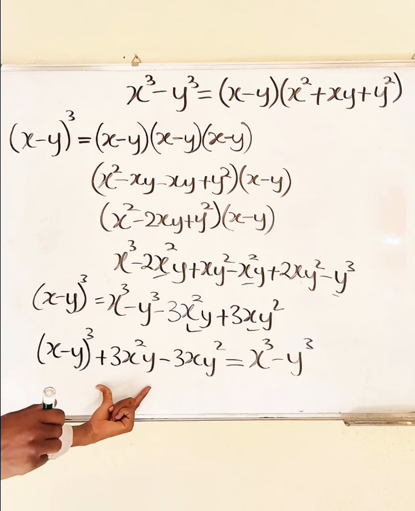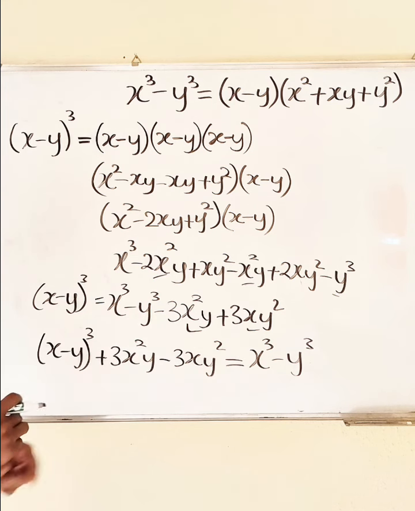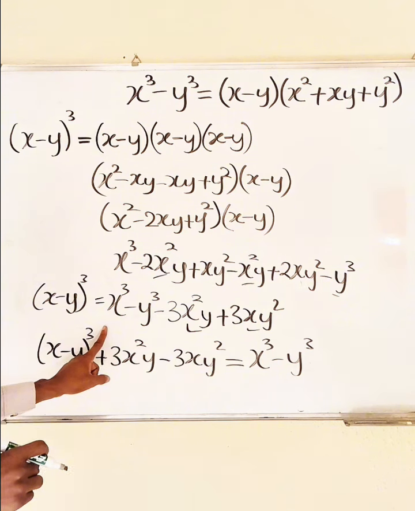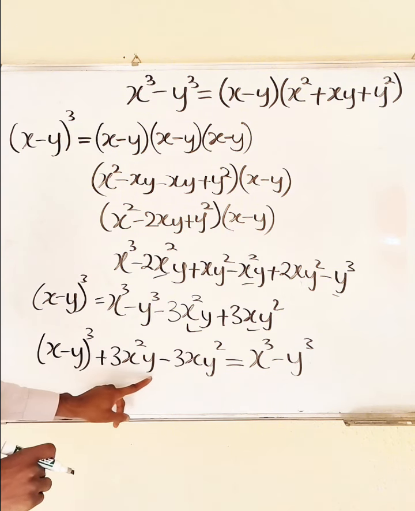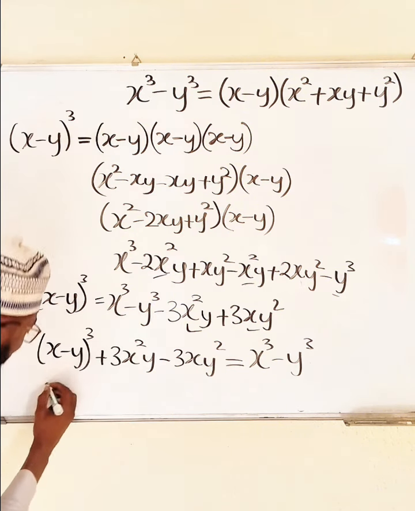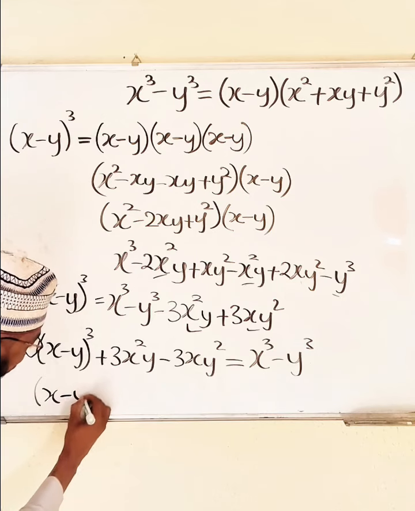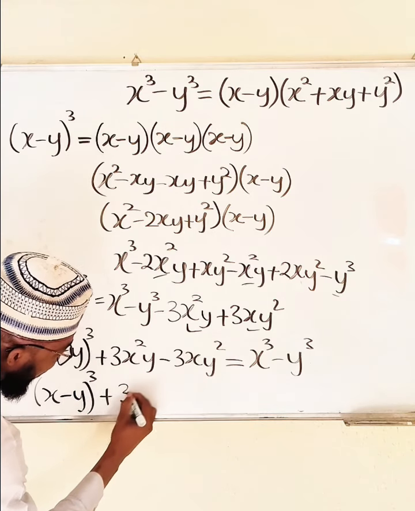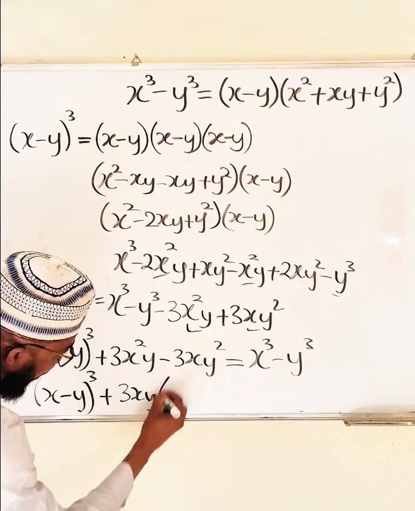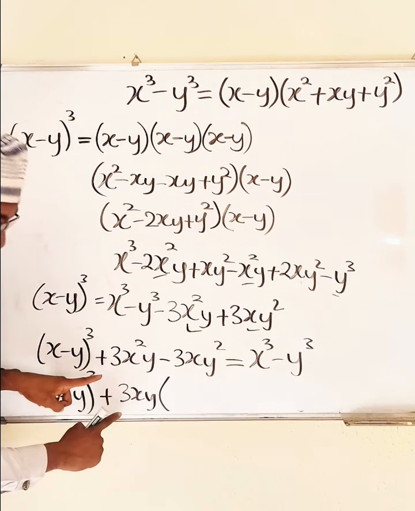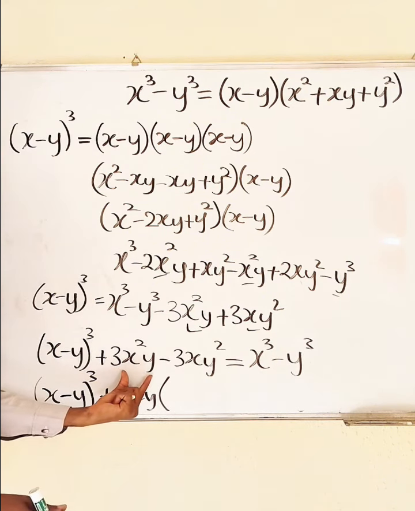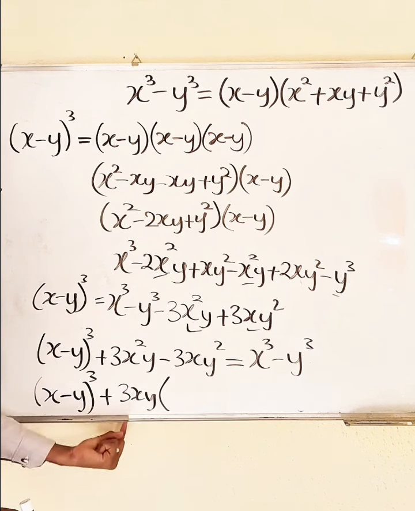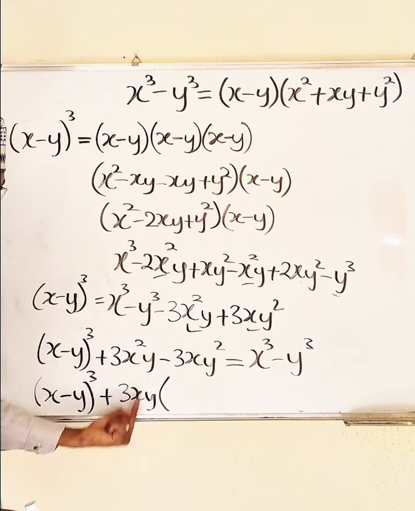All right, what do we have here in common? You can see that this is x minus y to the third power, right? But I can see 3xy in common. So this is x minus y to the third power plus 3xy in bracket. 3 is outside, or you can just take the whole of this term and divide by this. 3 will cancel 3, x will cancel x.